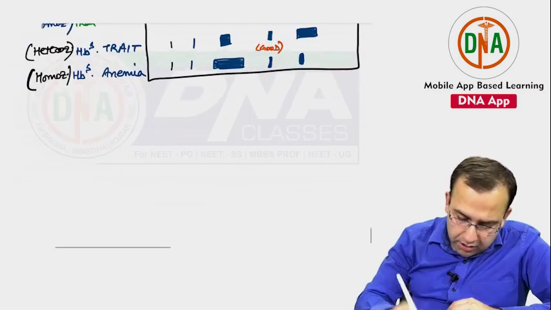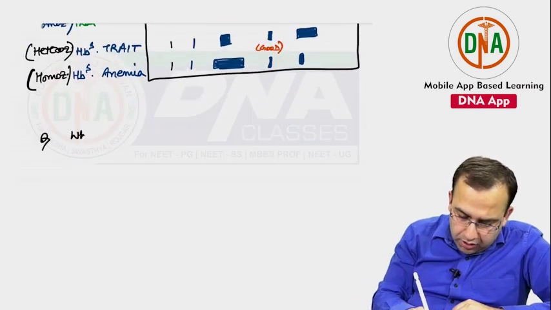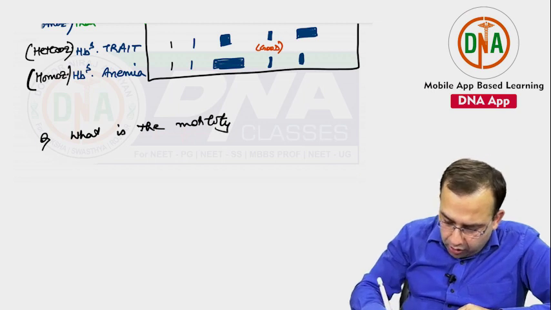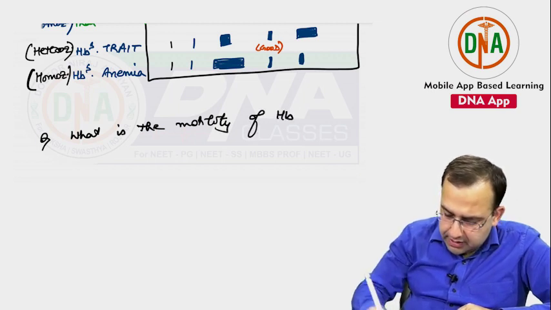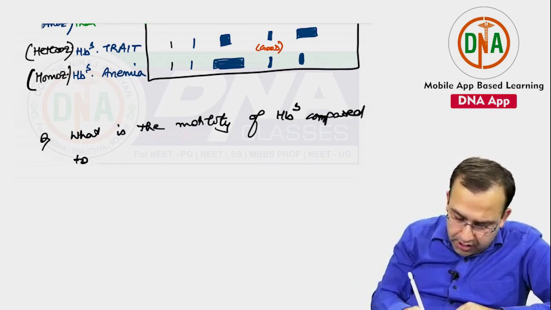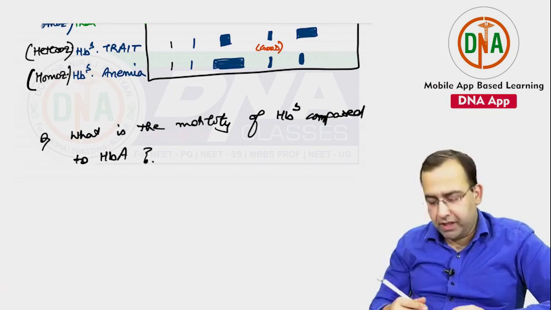So last point, let's see it as a question. What is the motility of HbS compared to HbA?